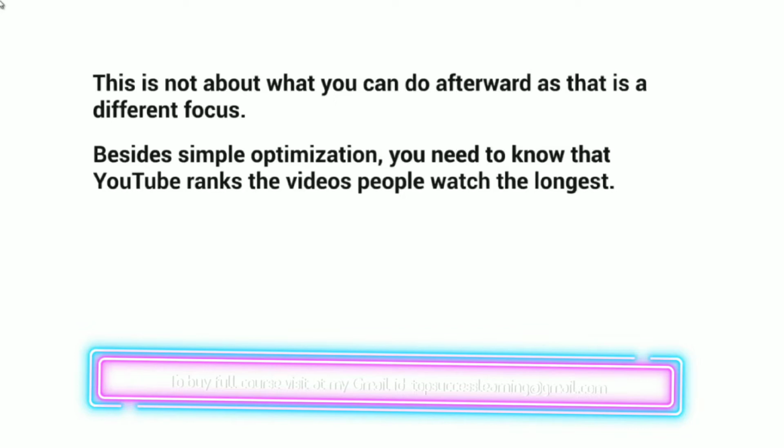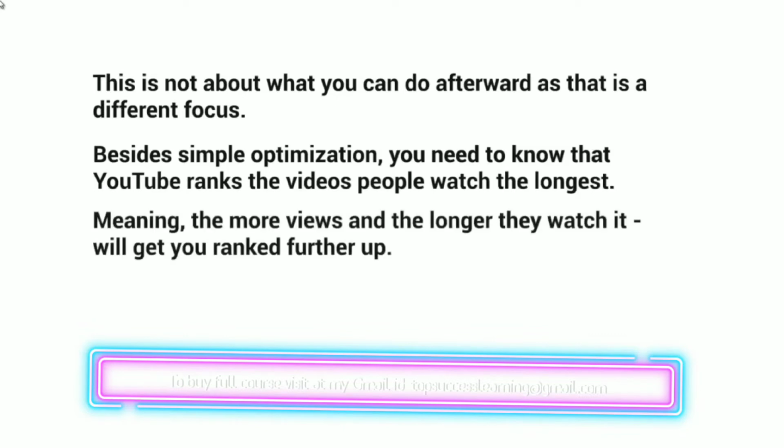And based on, let's say, 1,000 views, how many of those 1,000 views actually watched either 50% or 100%, or how many minutes total? 1,000 times how many minutes was watched. So they really look at how long people watch the videos as a whole. Meaning the more viewers and the longer that they watch, that will get you ranked further and further up.